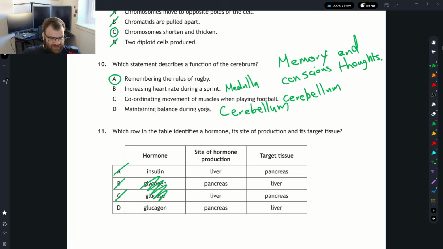So insulin's not made in the pancreas, which means D has to be correct. It is targeting the liver, which stimulates the release of glycogen and breakdown to glucose to increase the blood sugar levels back to normal. Insulin would encourage the storing of glucose as glycogen to bring back down the blood glucose levels.